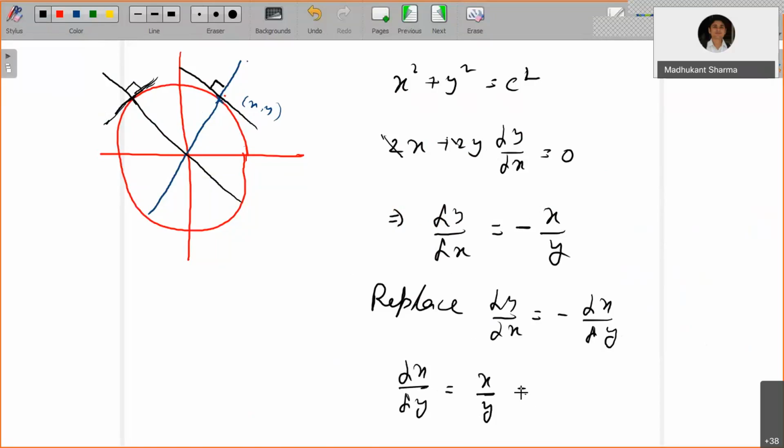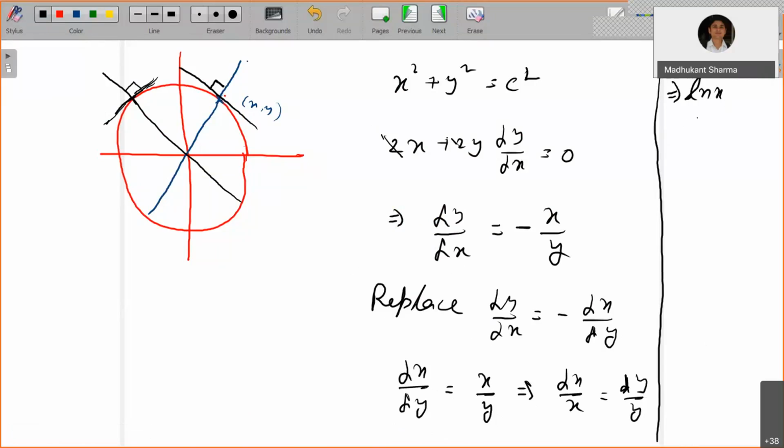This implies dx by x equals dy by y. Integrating both sides, ln of x equals ln of y plus an arbitrary constant, which you can also choose as ln of c.